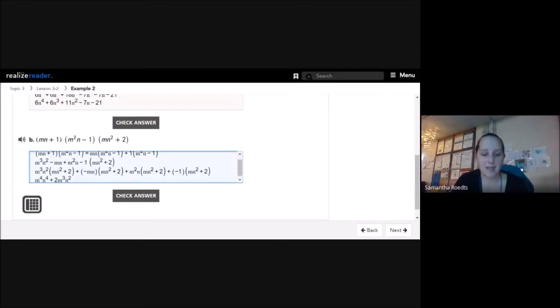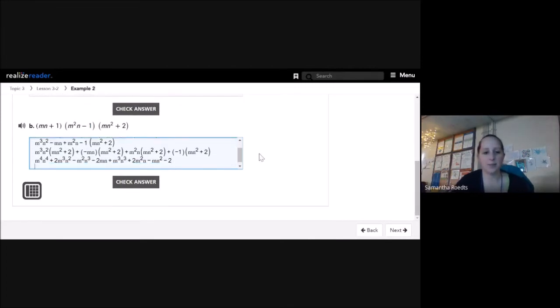Negative mn times mn squared gives me negative m squared n cubed minus 2mn, plus m cubed n cubed plus 2m squared n minus mn squared minus 2.